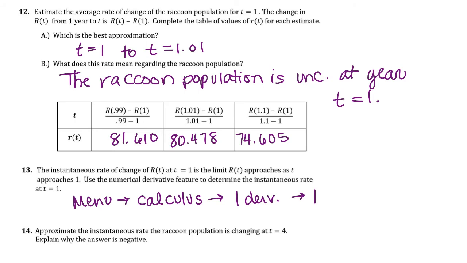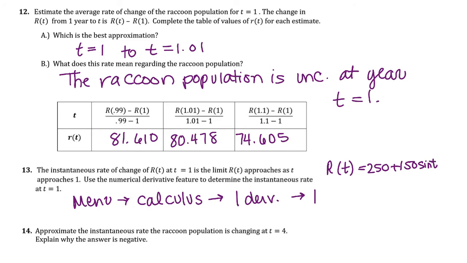And then you should be able to type in your function, which again they gave you. Remember that function R(t) is 250 plus 150 sine t. And so you're going to type that in.